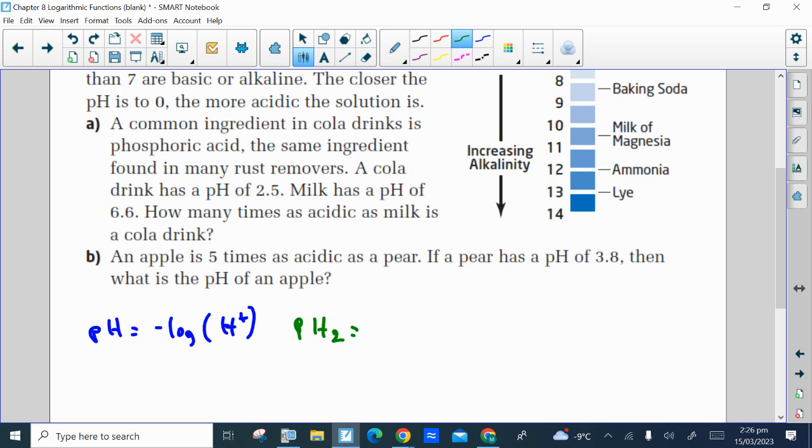So pH 2 will be negative log of H positive 2, and pH 1, which will be the pH of the milk, because it is less acidic, will be negative log H positive 1.